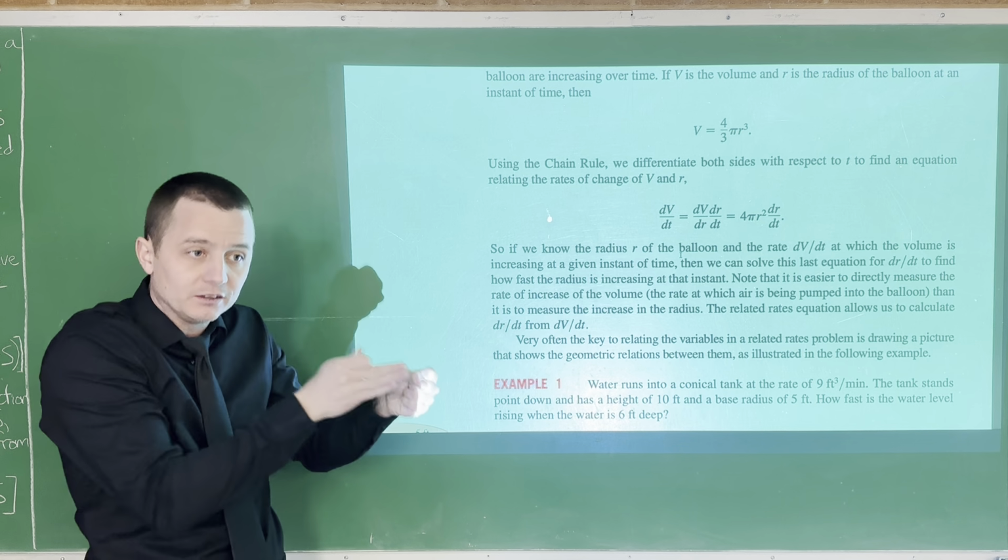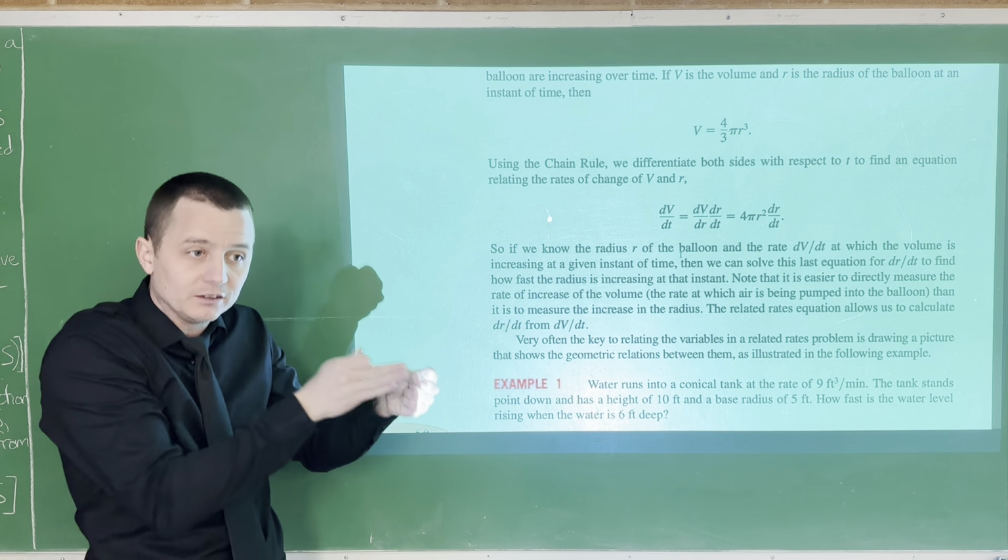So far, I was told that our tank is cone-shaped, so it's going to be something like this. Pictures lie, don't read too much into the picture. I know that I have water running into this tank. So here's my water level, however high the water is. And my water running into the tank is coming in at 9 cubic feet per minute.